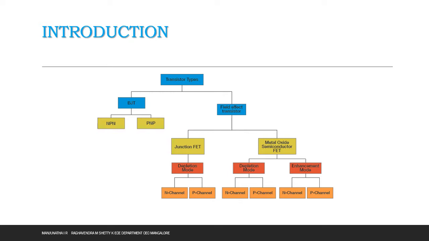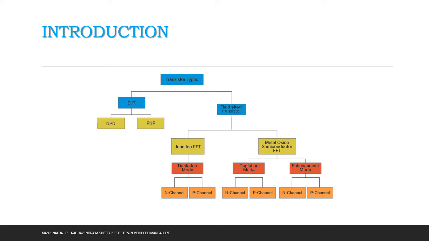In the BJT again two different types, NPN and PNP, based on the construction or structure. Suppose you are using a transistor device of category NPN, it's an NPN BJT. In case we are using a PNP structure device, that is a PNP BJT.